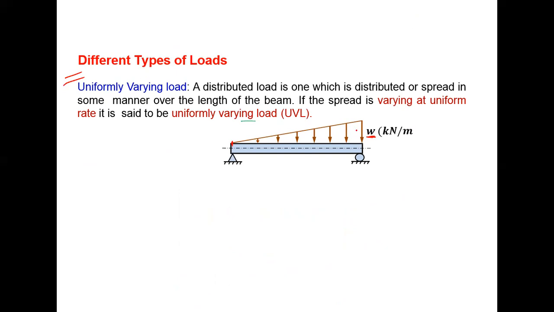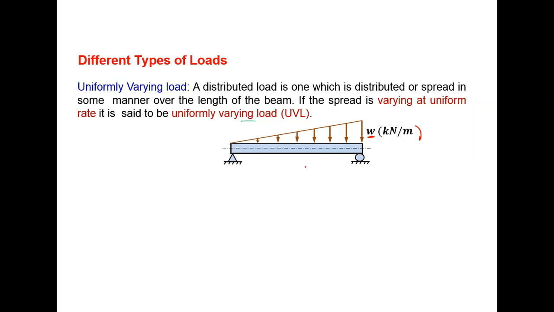So loading is up to its full intensity, that is w. In case of uniformly varying load, you will see that this intensity of uniformly varying load is w, and its unit is same as the UDL, that is kilonewton per meter.